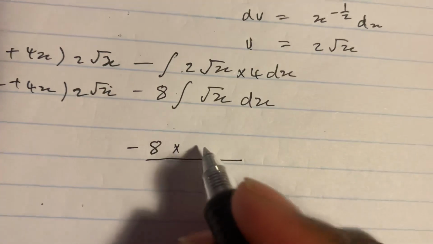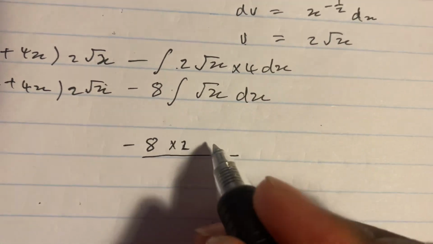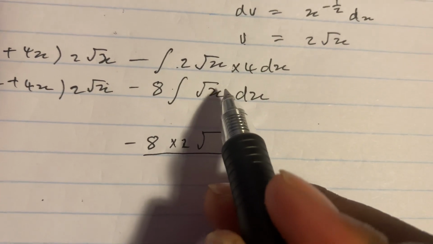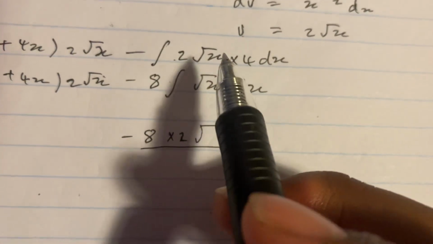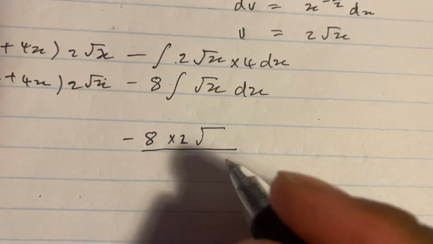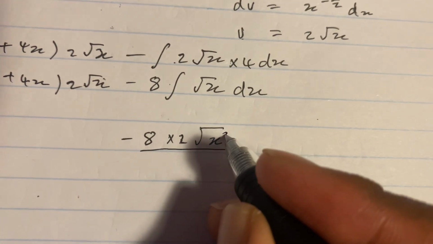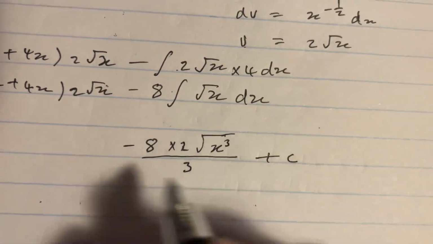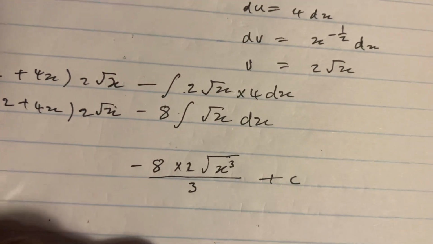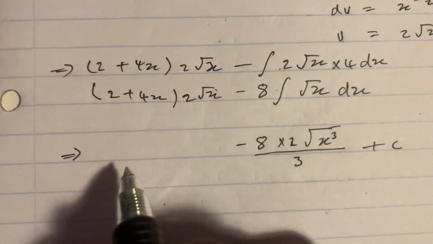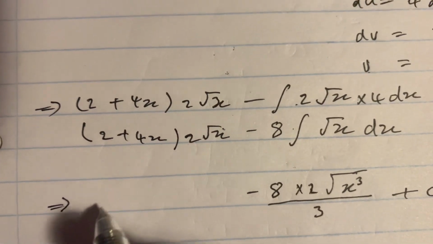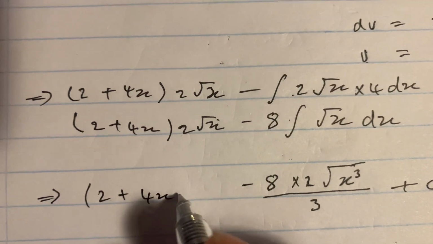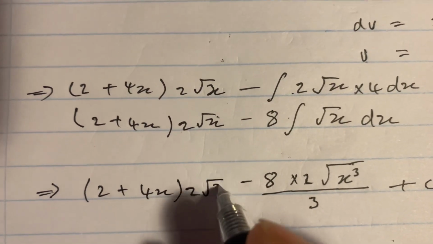If you divide by 1.5, you will have this 8 times 2, which is, you just swap that, 2 times 2 square root of x. If you write 3 over 2 in terms of a square root, you just put that 3 here as a power, and this is still divided by 3, plus c. Then we just write whatever we have here, the same as that thing there. So you have (2 + 4x) times 2 square root of x.